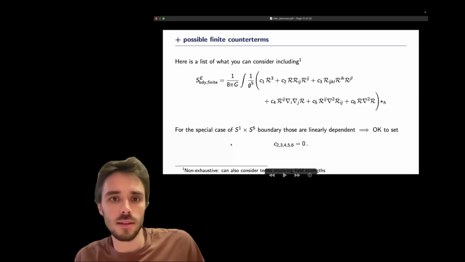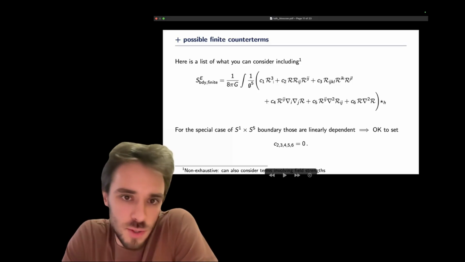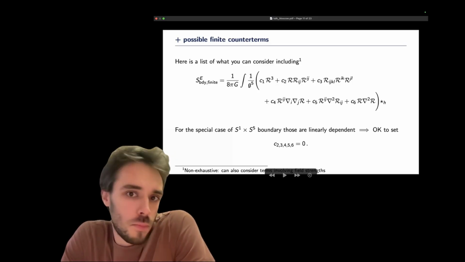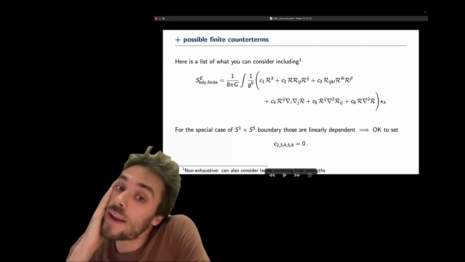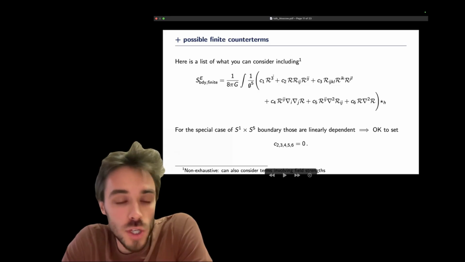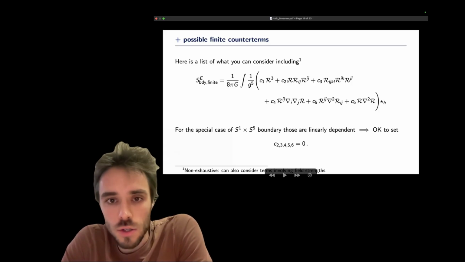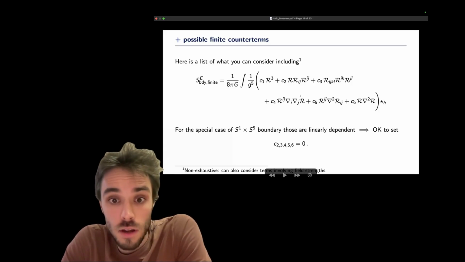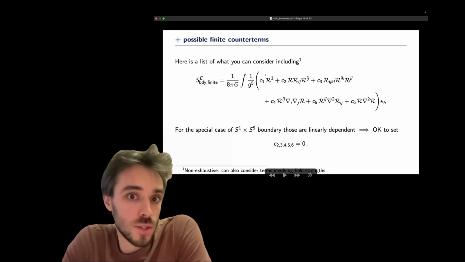like you don't just add whatever you want here. In terms of finite counterterms, you probably want some physical requirements. You want them to be diffeomorphism invariant. You want them to be gauge invariant. You want them to respect the symmetries of the theory that you're studying. What I wrote down here are some diffeomorphism invariant objects, and they do not involve the field strengths.